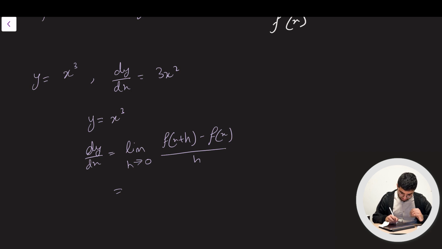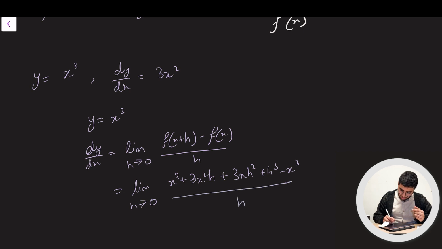Limit as h approaches 0 of x cubed plus 3x squared h plus 3xh squared plus h cubed take x cubed, all of that divided by h.